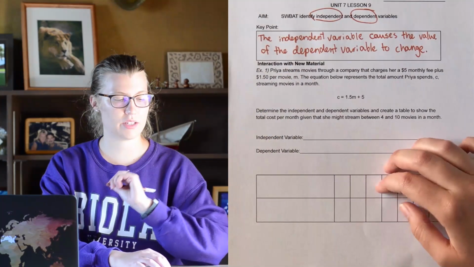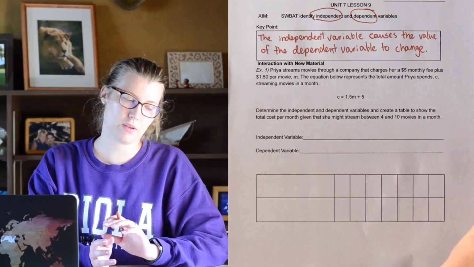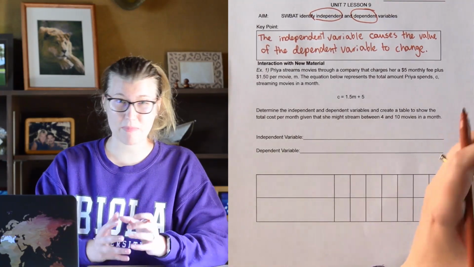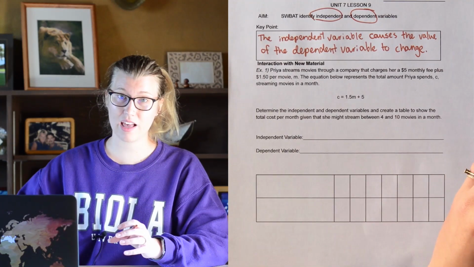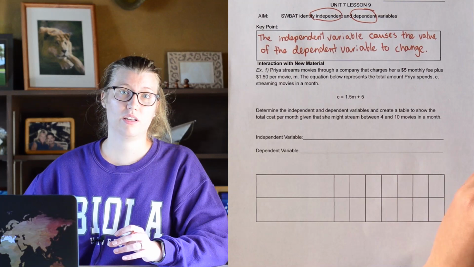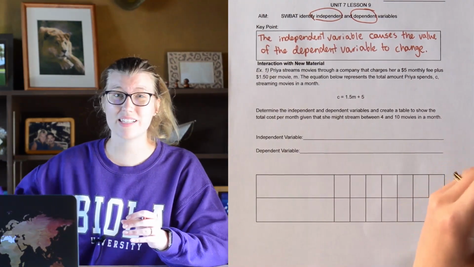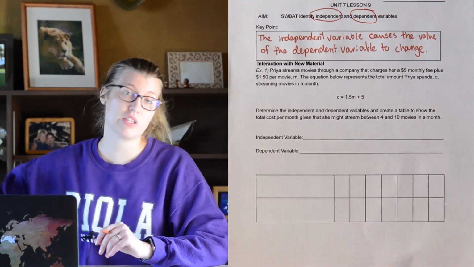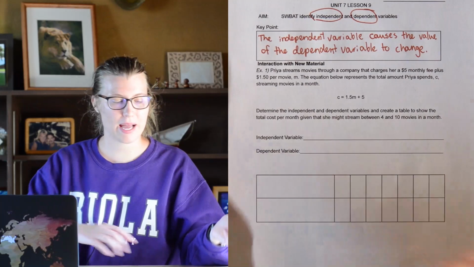Of course, I'll give you a second to write that down. I want you to think about it though. How much I bought, my independent variable, causes the value or the cost to change, right? I decide how many packs of gum I buy, which causes my actual money to change, either up or down. Depends on how much I buy.